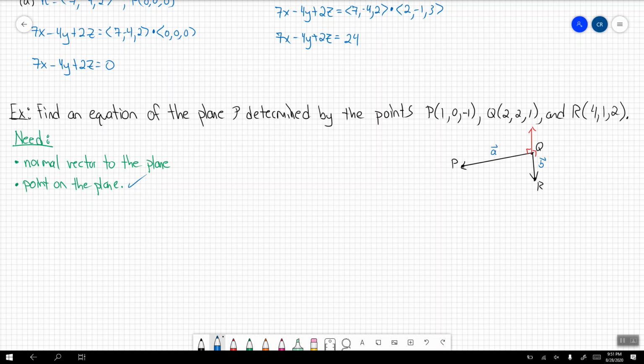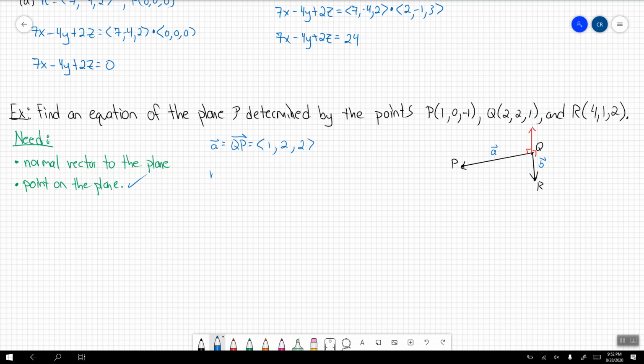Vector A is made by QP. Again, ending minus beginning. So 2 minus 1, that gets us 1. 2 minus 0, that gets us 2. 1 minus negative 1, that's another 2.